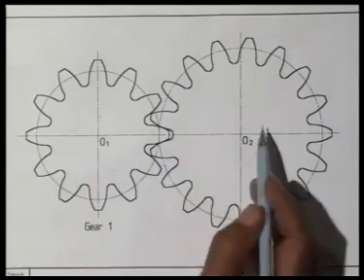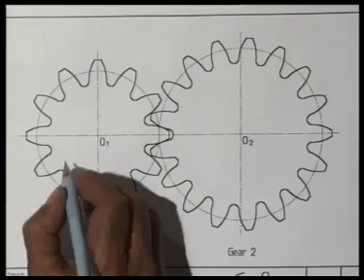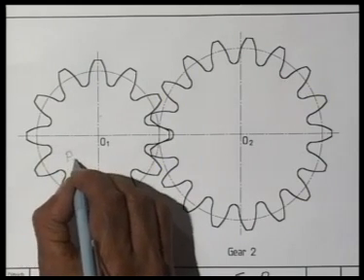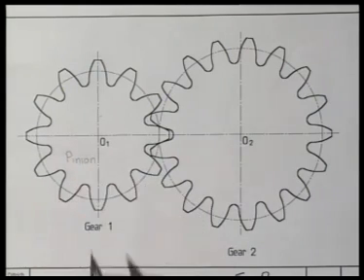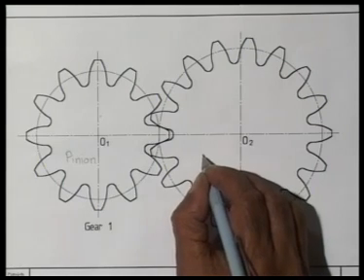The smaller of these two gears, here number 1, is called the pinion, and the larger gear either the wheel or the gear.